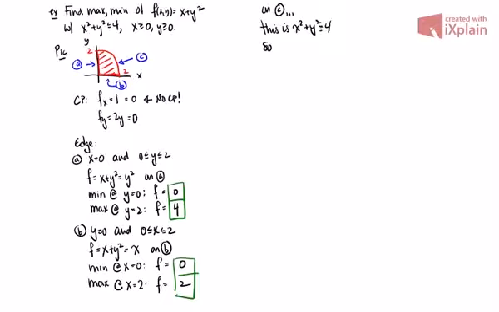So here, I'm going to solve for y squared, but like before, because f has a y squared in it. So f, which is x plus y squared, becomes x plus 4 minus x squared. And here, we have x between 0 and 2.